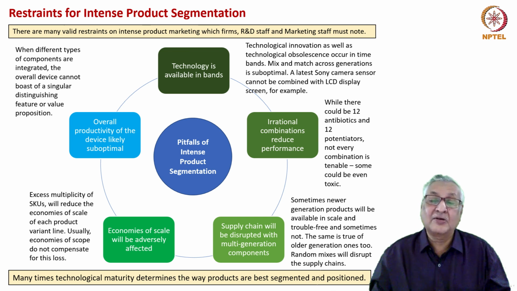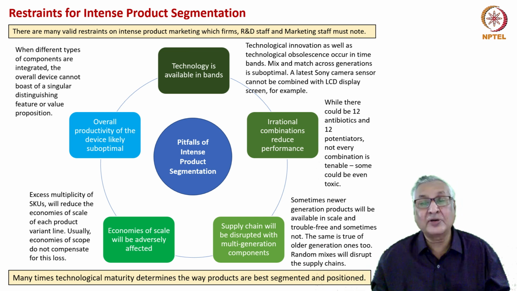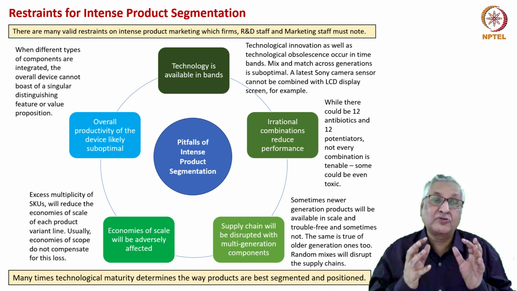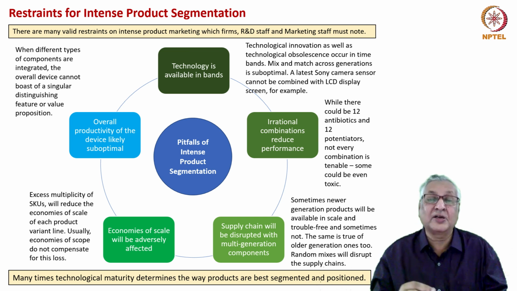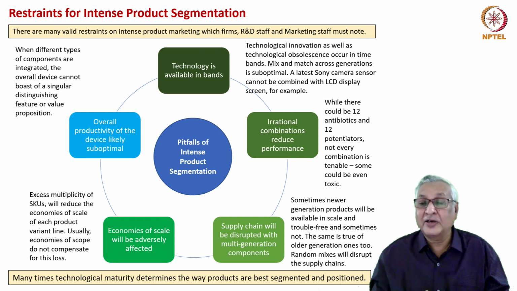Second, irrational combinations reduce performance. Everything has to be balanced in a particular manner, while there could be a band of performance variation that could be allowed in respect of each of the components and systems. While there could be 12 antibiotics and there could be 12 potentiators. Potentiators are those products that, when mixed with an antibiotic, will enhance the therapeutic efficiency of the antibiotic.